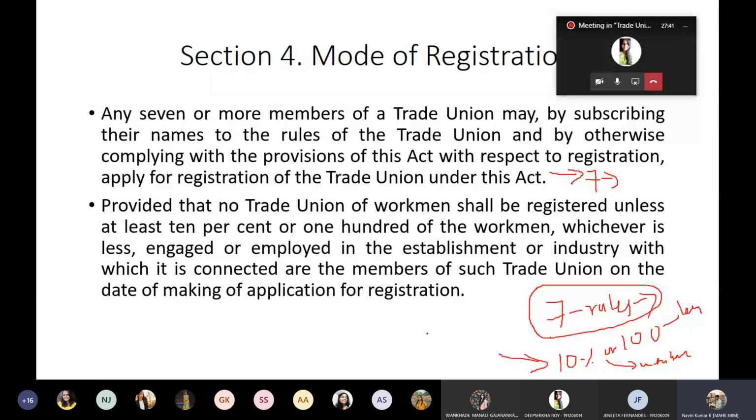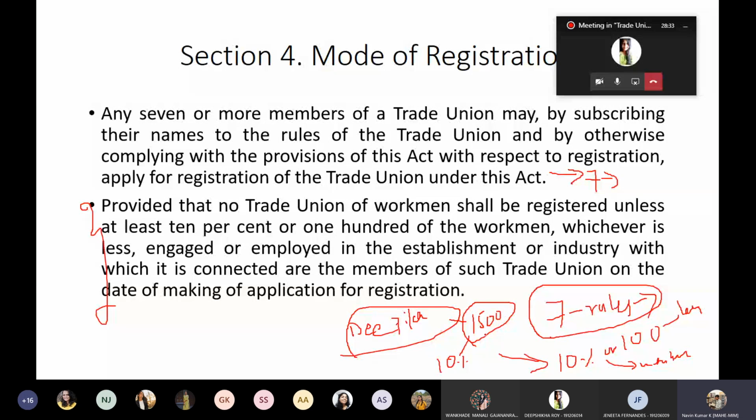Let's say, for example, Deepika wants to form a union in an organization where she is working, and there are 1,500 workmen. This provision says that at least 10% of this is needed.